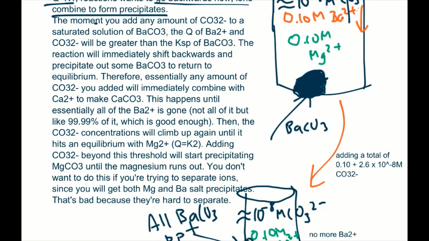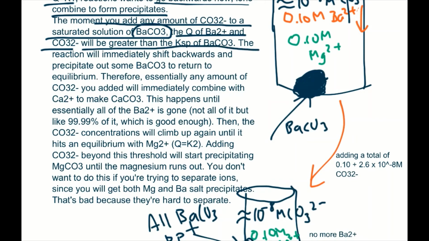So the moment you add any carbonate to a saturated solution of barium carbonate, the Q of Ba2+ and CO3 2- multiplied together will be greater than the Ksp for barium carbonate. And that must mean the reaction will shift backwards and precipitate out some of the barium carbonate to return to equilibrium.